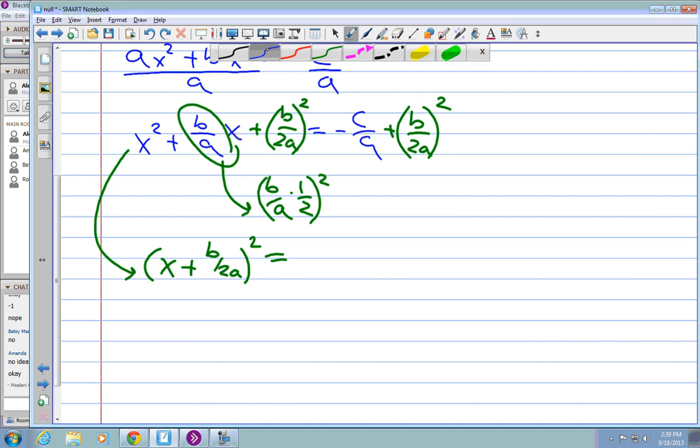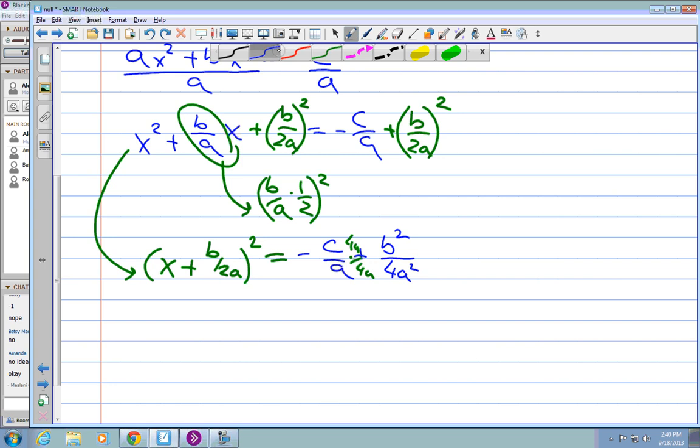While the right-hand side, let's work that one out. Negative c over a plus, what is b over 2a squared? How do you square a fraction? b squared over 4a squared, right? So what is the common denominator there? 4a squared. So what do I need to multiply the first fraction by? Right, 4a over 4a.